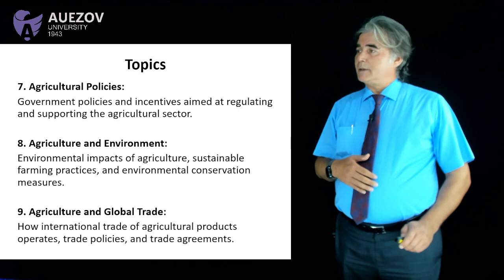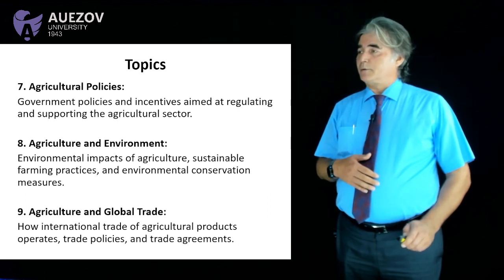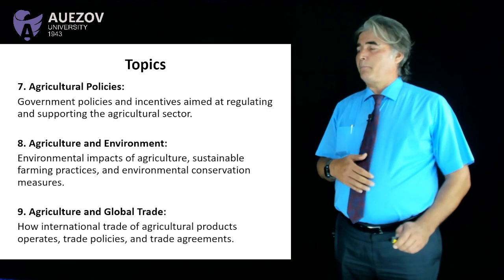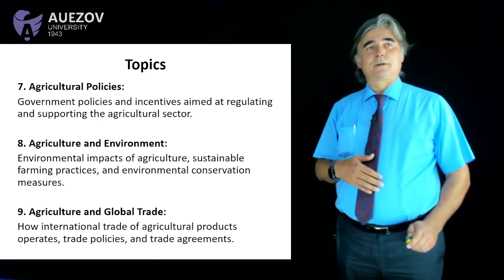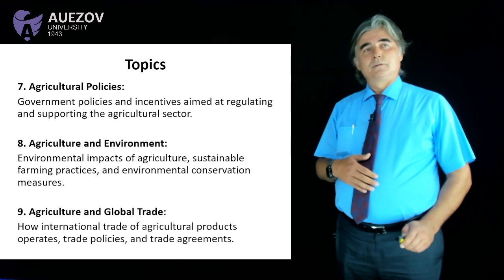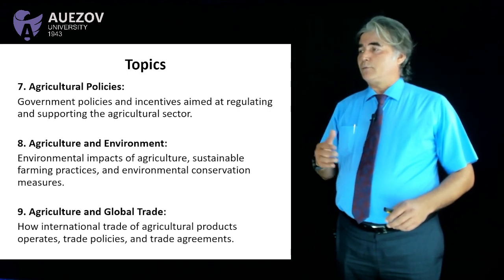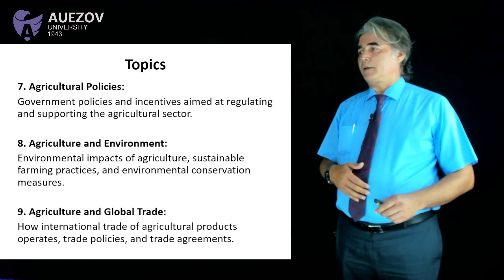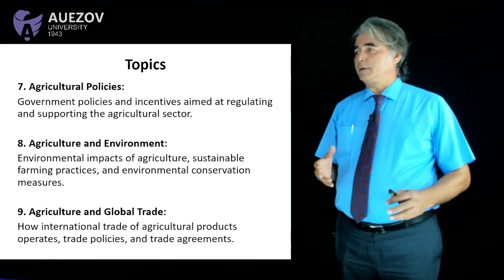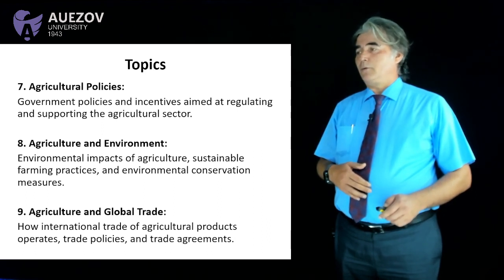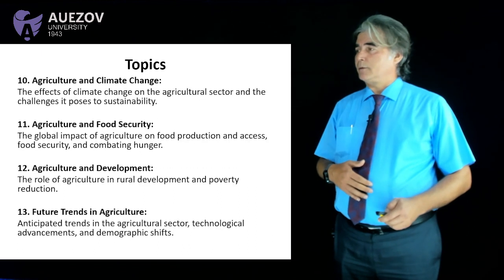Also, nowadays environmental impacts are important, and we look at the environmental effect of agriculture, sustainable farming practices and environmental conservation measures. Also, nowadays globalization is greater compared to 30 years ago, and we look at how international trade of agriculture products operates, which trade policies and which trade agreements will happen or did happen in this sector.